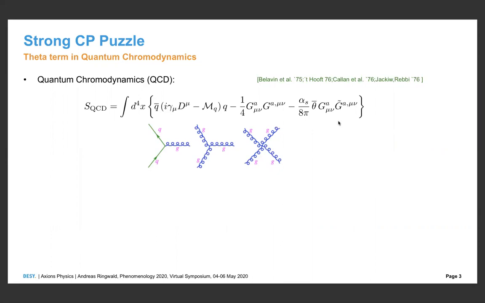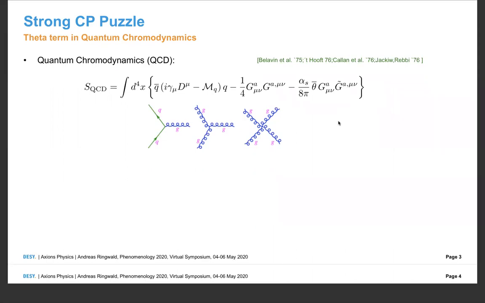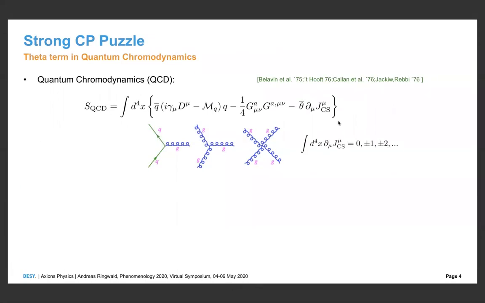This term was originally not taken into account because it's a total derivative. However, it has been found that in fact the space-time integral of this total derivative is a topological quantity. It gives the topological charge, or the Pontryagin index, of gauge field theories.